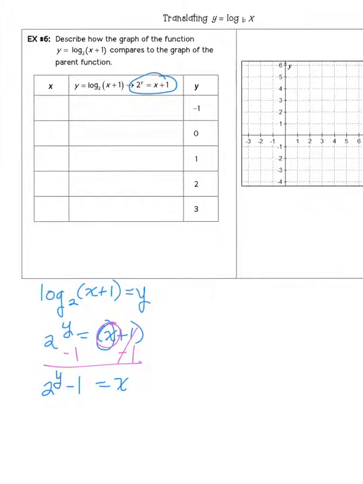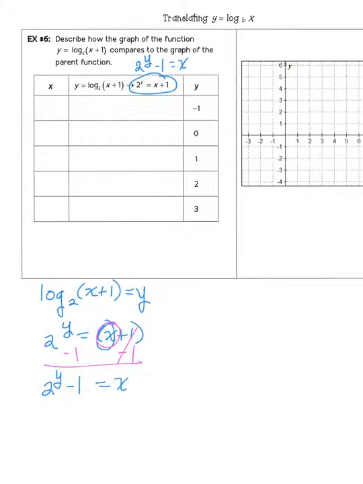So I would put 2 to the y, and then all of that minus 1 is what our x is going to equal. Because if we're choosing our y, because the y is in the exponent, and that's easier to raise the base up to that, then I might as well subtract 1 to see what my value of x is. So we've already chosen these values for y.